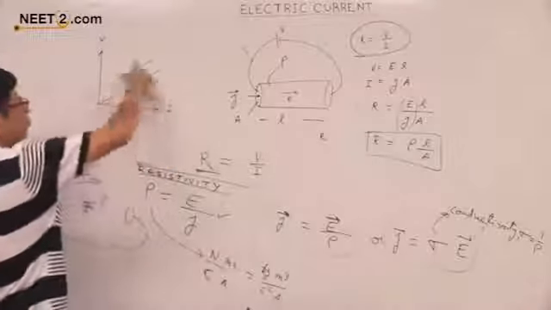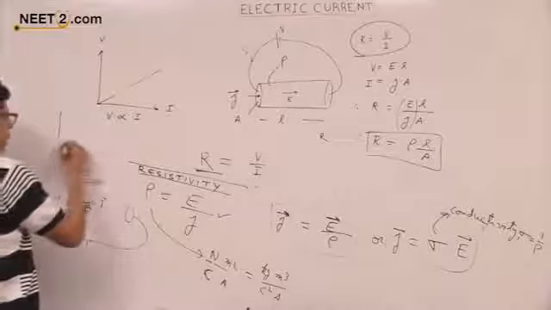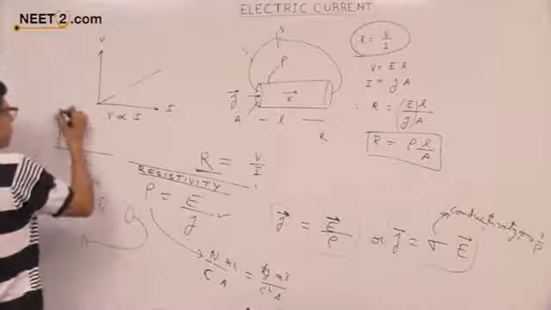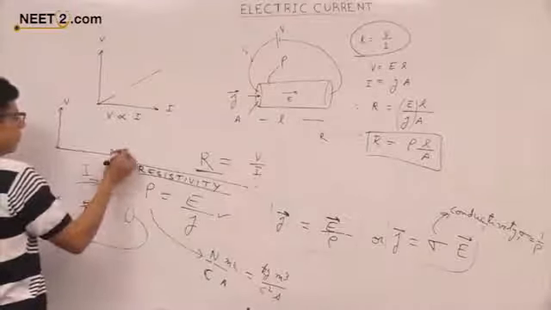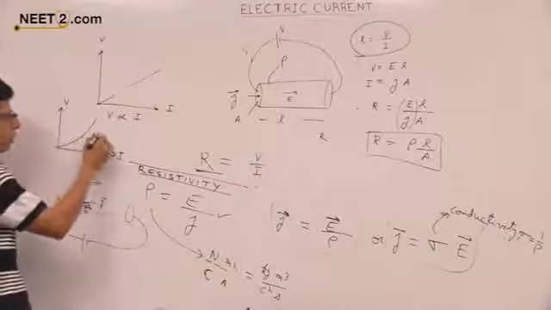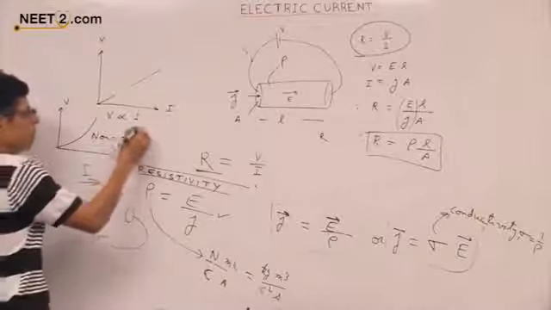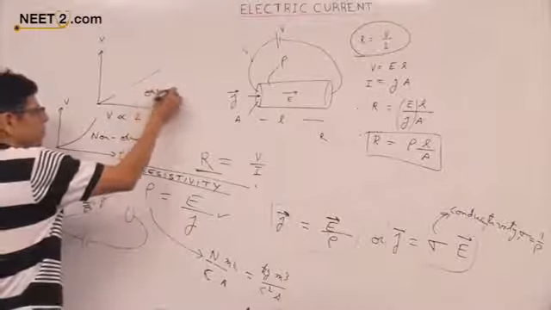So all the V versus I graphs for all the materials won't be like this. They could be like this. This is non-ohmic. This is not following Ohm's law, whereas this is an ohmic resistor.